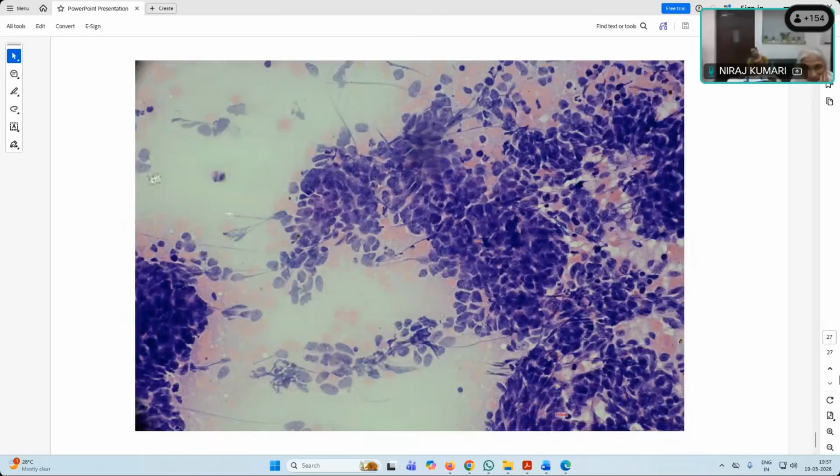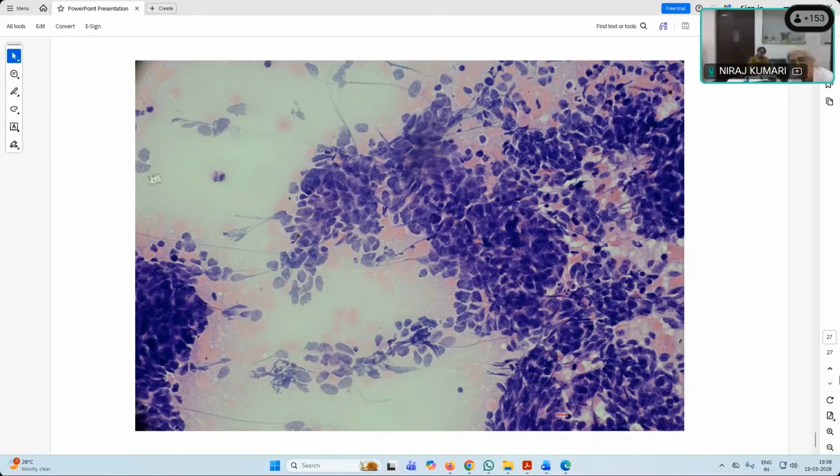With the given history and the age, what are your possible DDs? Small cell carcinoma of lung metastasis. Okay. What is the hint here? Why lung? Ma'am, breathlessness. History of cough and breathlessness in a male. Okay.